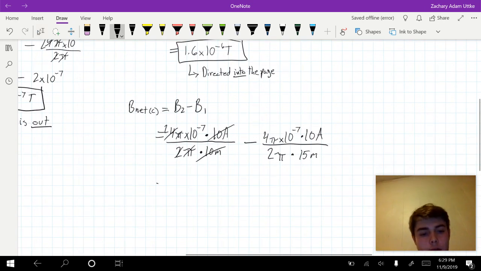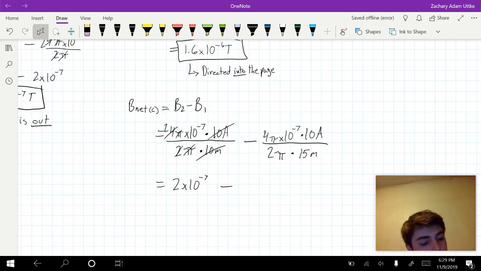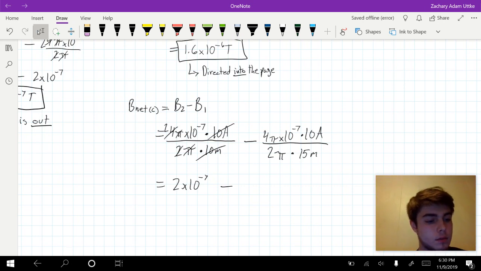So let's see what our calculator gives us. We have 2 times 10 to the negative 7th minus, let's see what this value is, 4 pi times 10 to the negative 7th times 10, divided by 2 pi times 15.